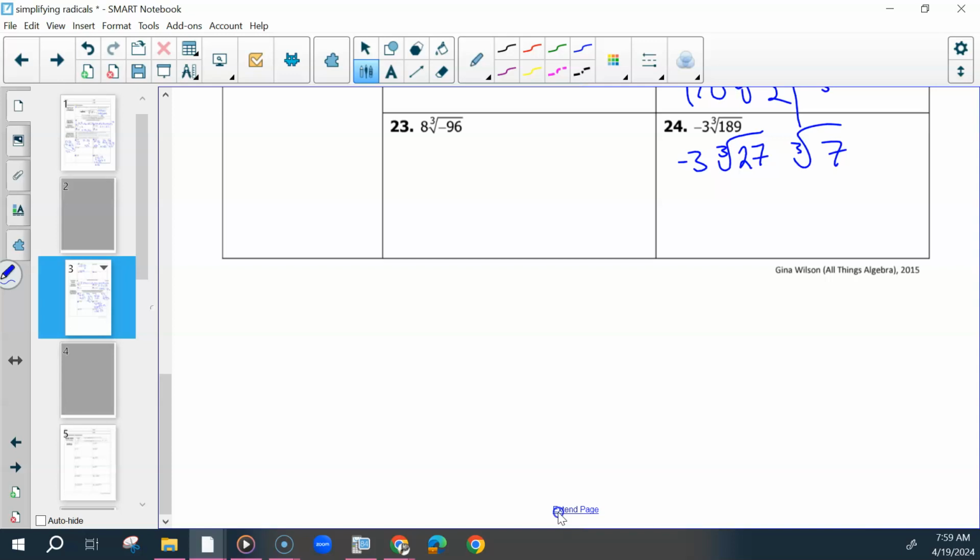What's our final answer? 3. This would be 3. So multiply -9 times the cube root of 7. Do you have any questions on how we simplify cube or square roots so far?